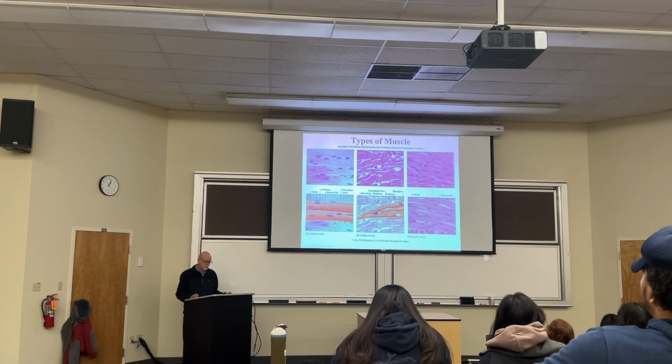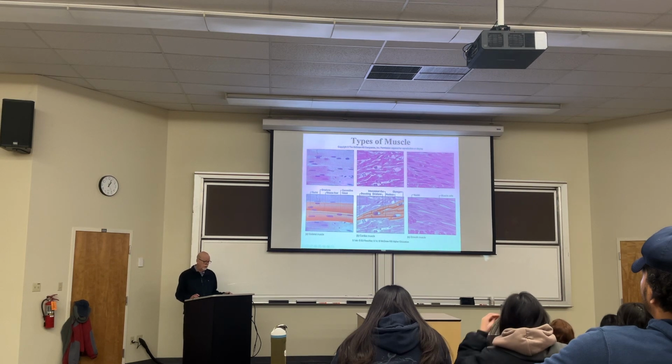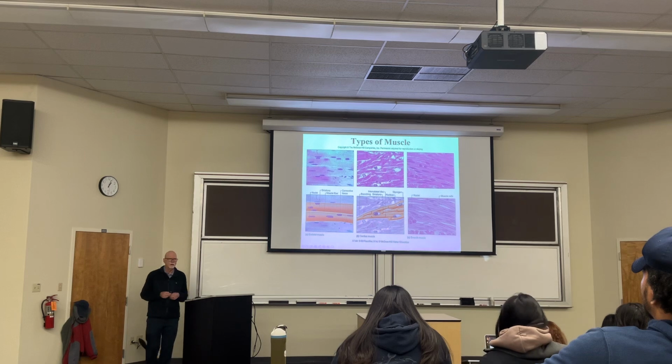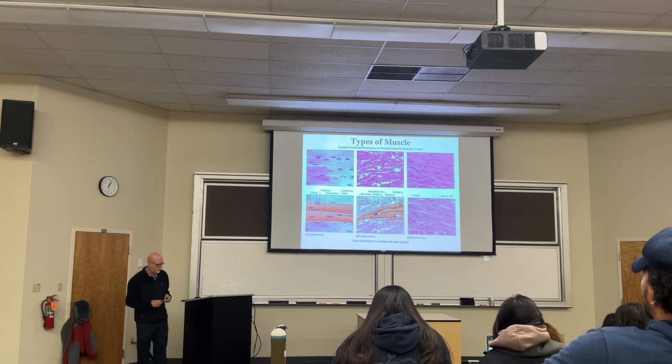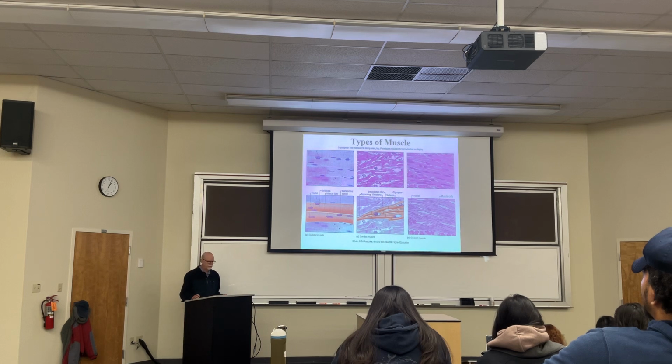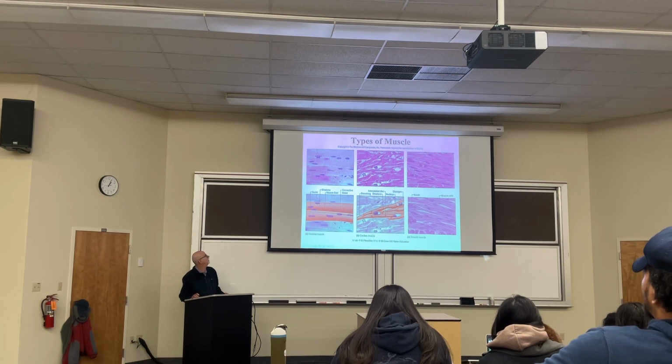So we have skeletal, cardiac, and smooth. Skeletal muscle cells can be called muscle fibers because they're so long. It's kind of a confusing term, but this is a muscle cell or a muscle fiber here. Here's another one, and here's another one.